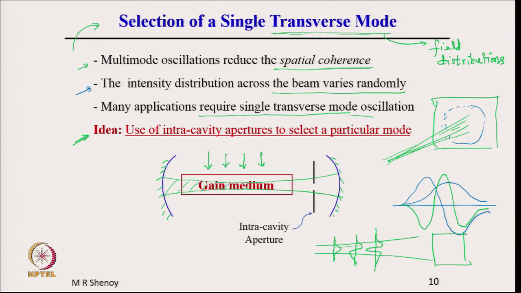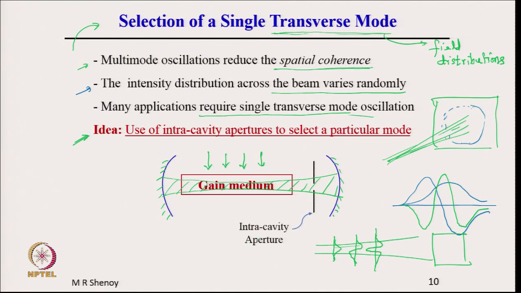Now, if we use intracavity, which means inside the cavity, inside the resonator, apertures of appropriate shape and size, it is possible to select a single transverse mode. A required transverse mode can be selected by using appropriate intracavity apertures. So, the intracavity aperture is what is shown here.